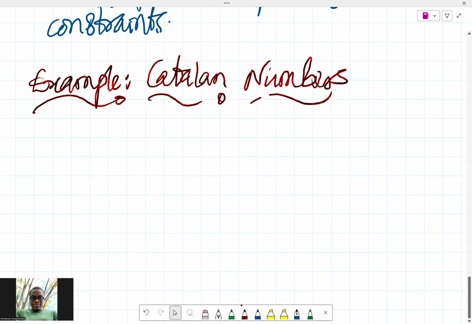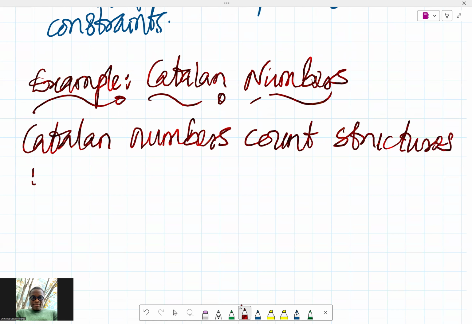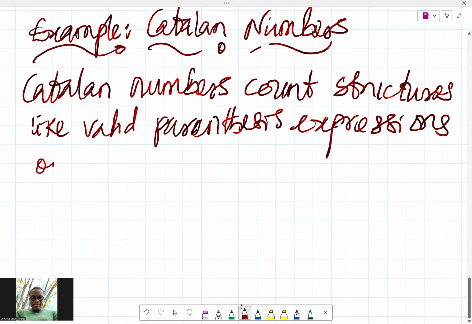Catalan numbers count structures like valid parentheses expressions or binary search trees.